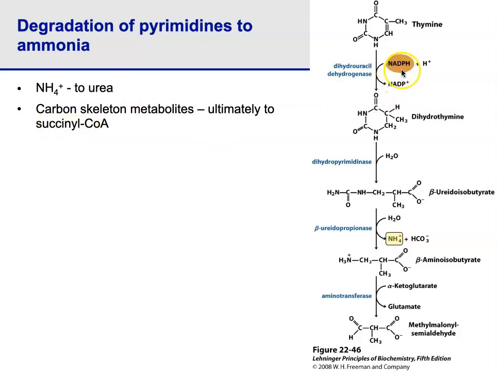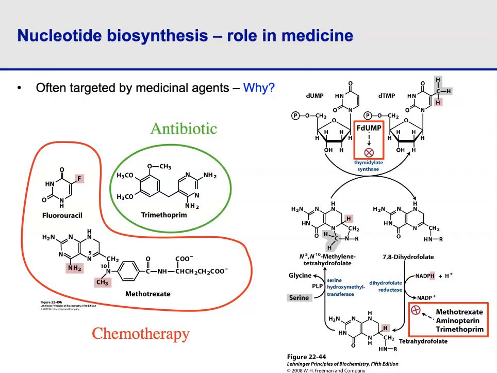So as you can see, there are strict differences between pyrimidines and purines. Purines, again, uric acid and allantoin. Pyrimidines, ammonia that gets converted to urea, and then the carbon skeletons get converted to succinyl-CoA that enters the TCA cycle.